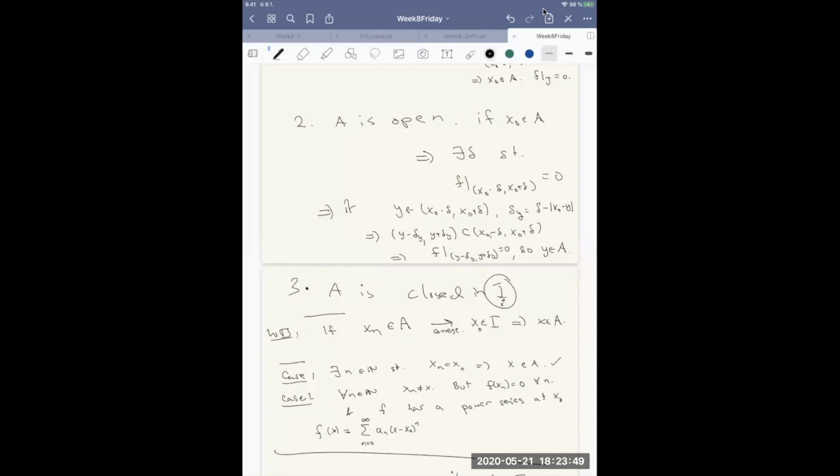So it has a power series at that point. But if we compare it to the other power series, which is just 0, so all the coefficients are 0, then by the uniqueness theorem, because we have that f(x_n) equals g(x_n), we can conclude that f is equal to g everywhere on the interval of convergence.